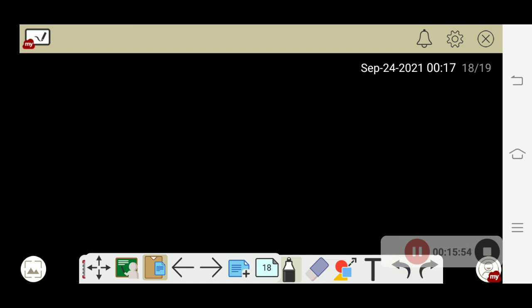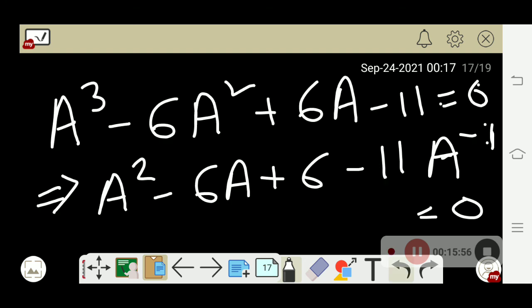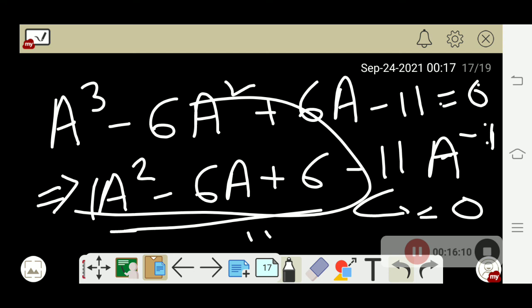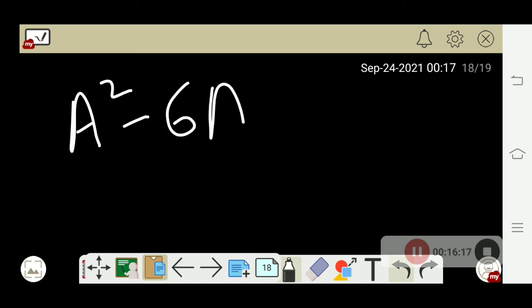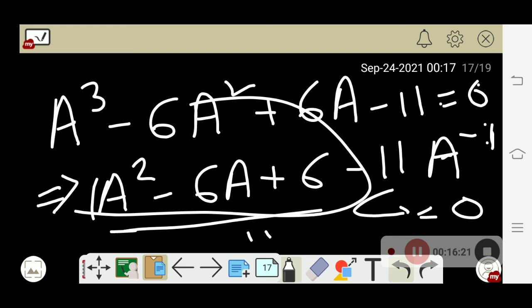So what is the answer then? Very easy. We'll take this 11 on this side and just put this 11 under division sign. Let me tell you one thing which is very important, because this is a matrix representation.